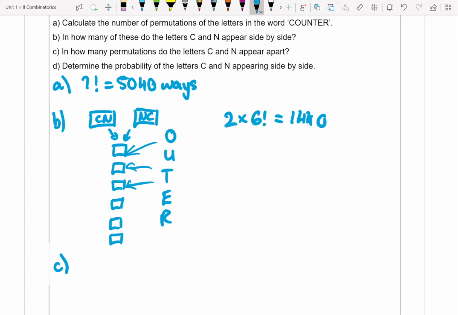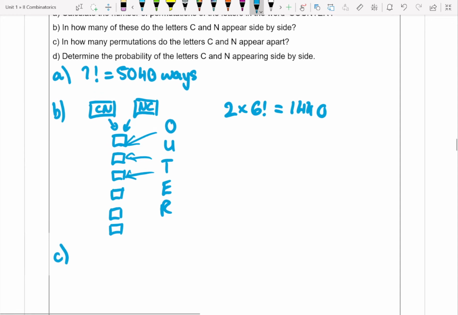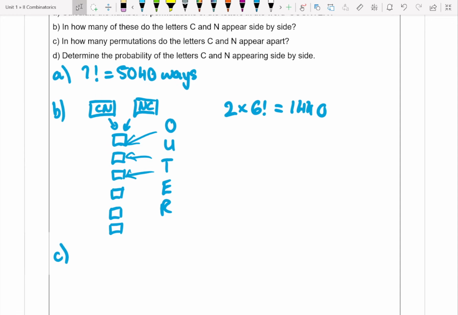Because appearing side by side and appearing apart from each other are complements of each other, that's what we looked at 2 episodes ago, we can subtract the 1,440 from the 5,040 different ways, and that'll give us the number of ways that C and N appear apart. So it's 5,040 take away 1,440 for a total of 3,600 different ways that C and N appear apart.